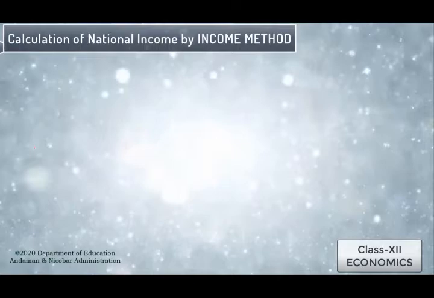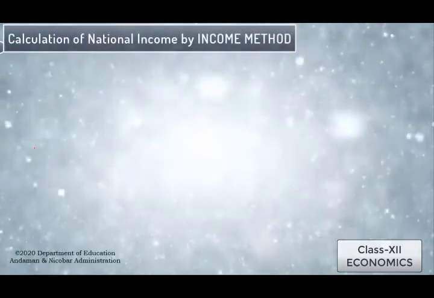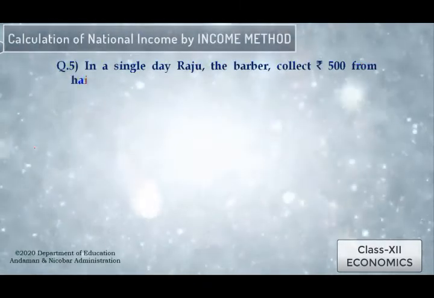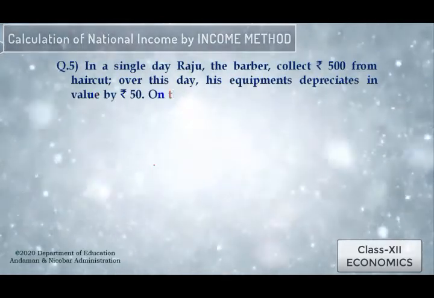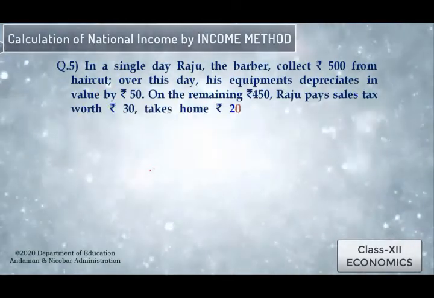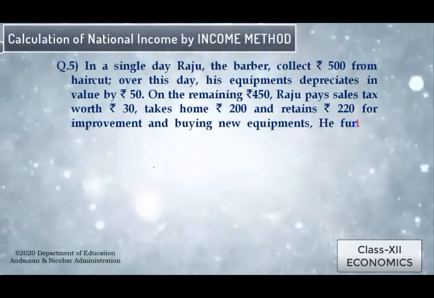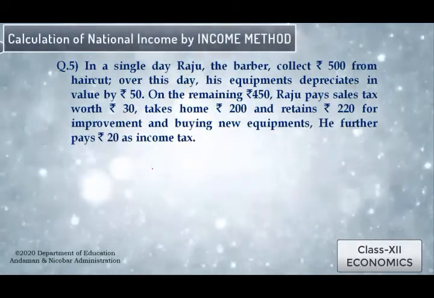Okay students, now we will look at the last question of this episode. So look at this question here. In a single day, Raju the barber collects rupees 500 from his work, that is haircuts.